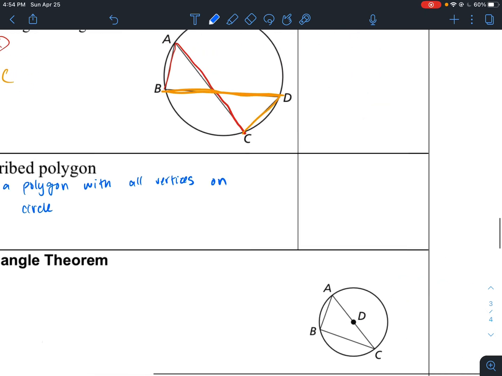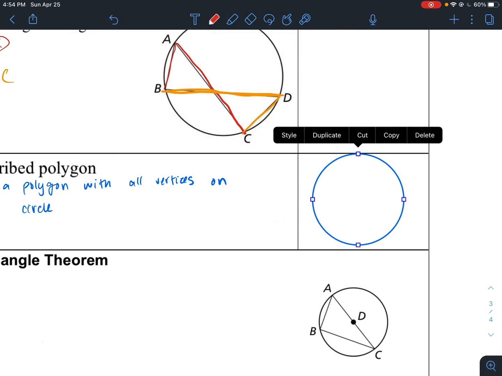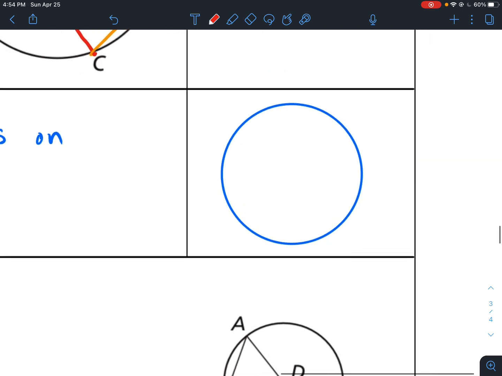So if I have a circle here, so here's my circle. If I have a polygon, like let's say a quadrilateral, a quadrilateral would have its vertices on the circle. Not the best looking quadrilateral, I admit.